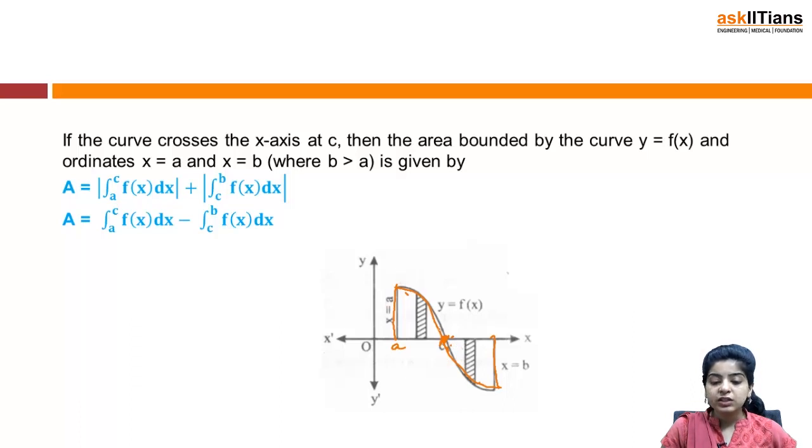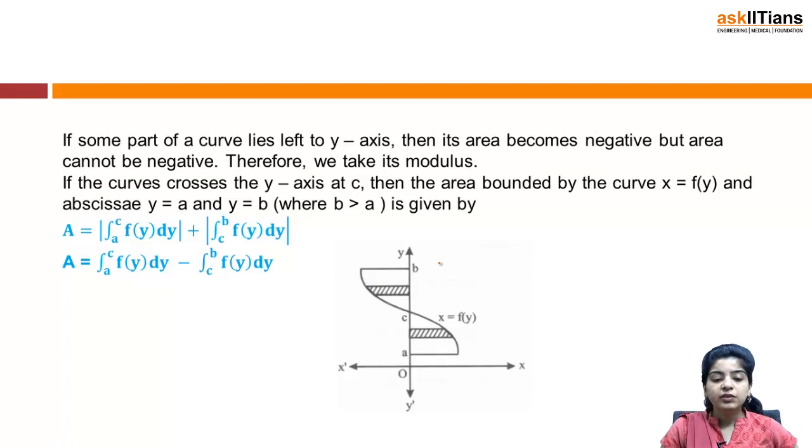So a to c is positive, therefore we have the integral from a to c of f(x) dx, but c to b, this area would be negative, and therefore we will have minus the integral from c to b of f(x) dx. So whenever you have a situation of this form, you can just split it up, take the modulus sign and compute it in this way.